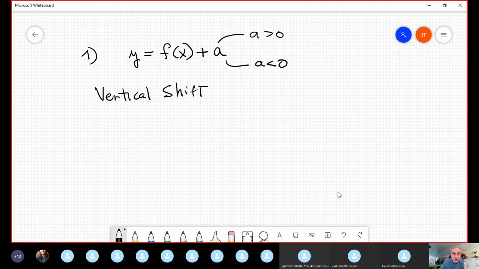It's obvious that if A is positive, the vertical shift is up, and if A is negative, the vertical shift is down. Okay?